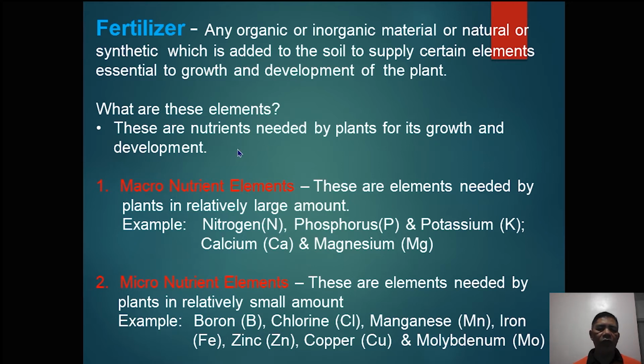And in the absence of these nutrients, the plants cannot perform their function in totality. Because plants are like human beings, they need food containing different nutrients required for nourishment.